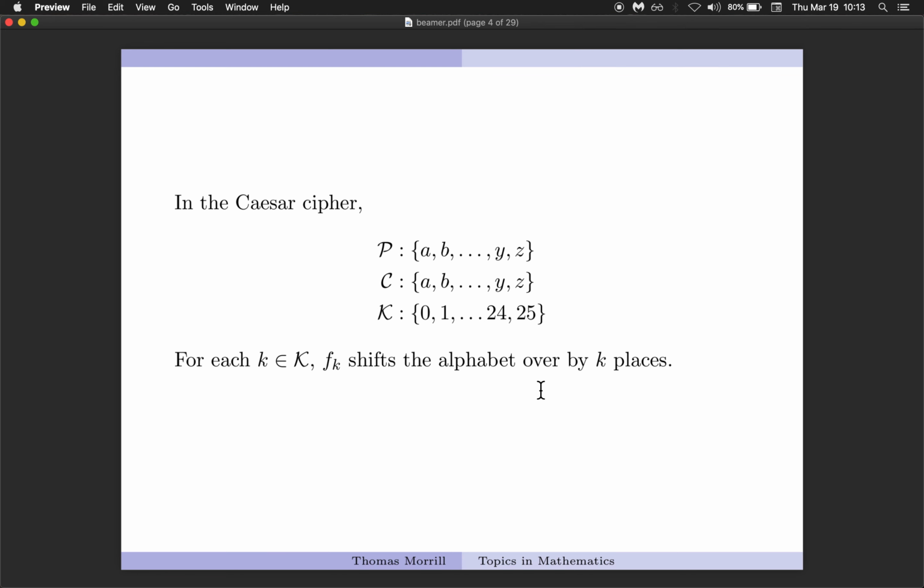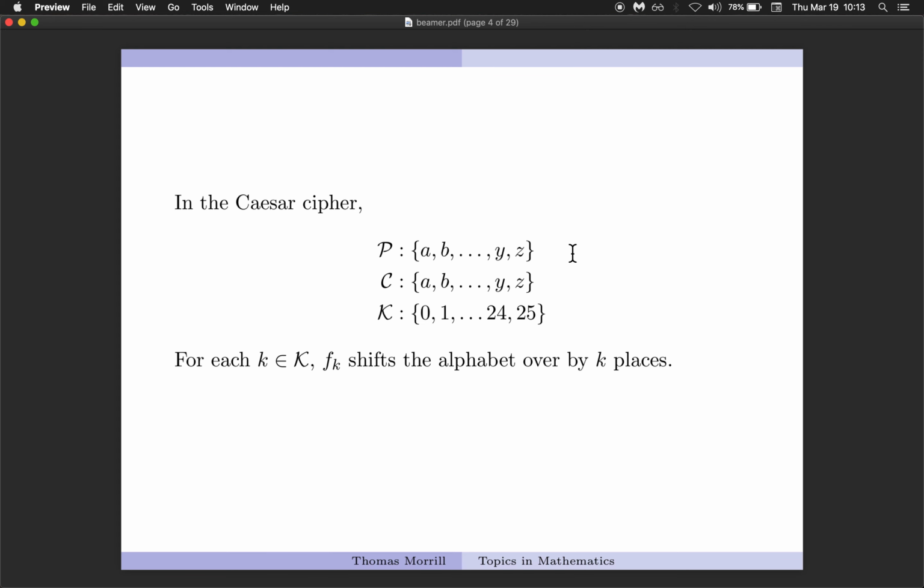The cipher I talked about previously is one of the simplest ciphers. It's called the Caesar cipher. In the Caesar cipher, we're going to be scrambling letters of the alphabet. So the plain text, what are all the possible messages I could send, just consists of the alphabet, A, B, C, and the rest.